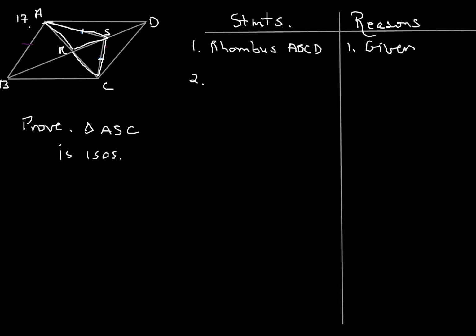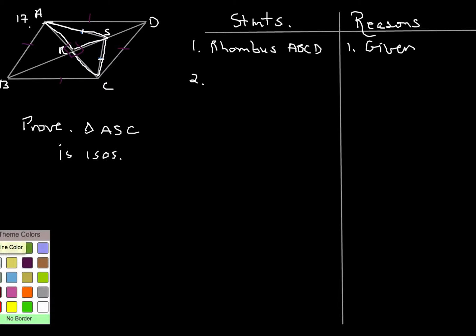We know that all the sides are the same. We also know that this forms a right angle. We know that the diagonals bisect each other, but I don't think that's going to help us any. We know that the opposite angles are congruent. I think that's about it.